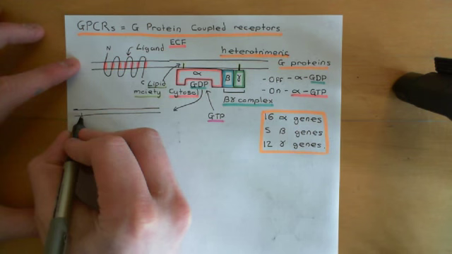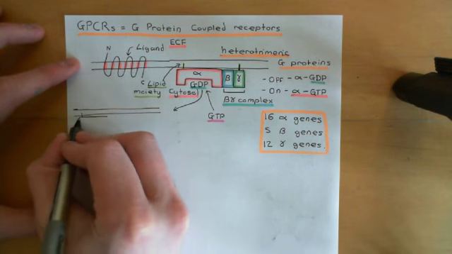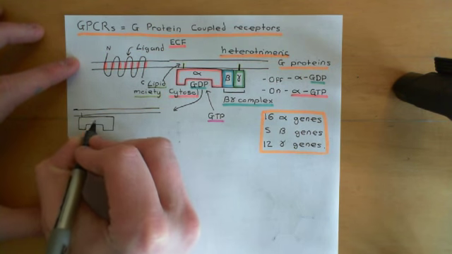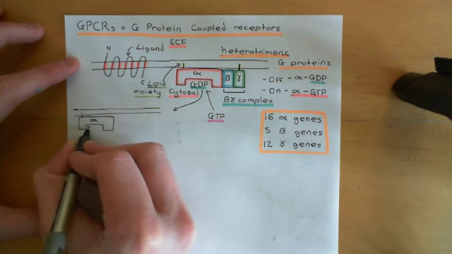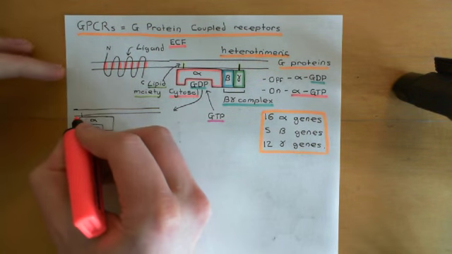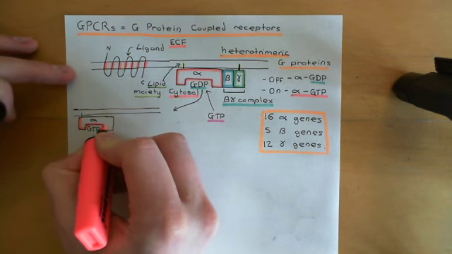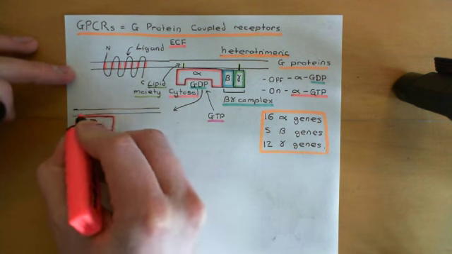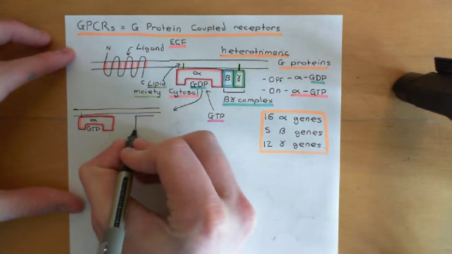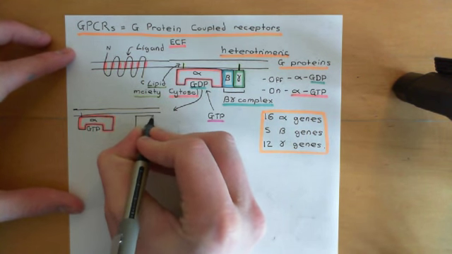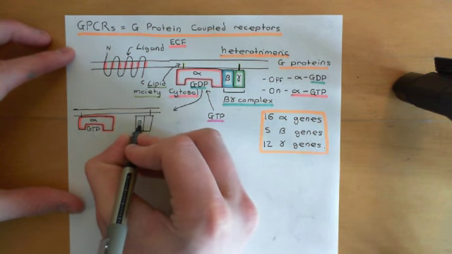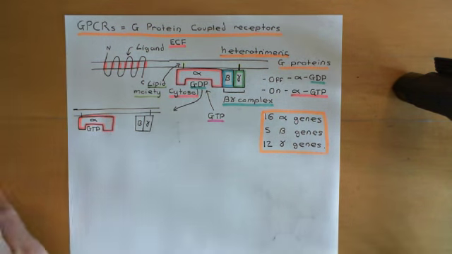So the overall thing that you end up with is like this. Here is the cell membrane, and here is our alpha subunit of the heterotrimeric G protein, with GTP bound, and I'll colour this in red. Then you also have the beta-gamma complex, which will go off also. So they'll be separated now, but both of them will still be attached to the underside of the phospholipid bilayer because they both have lipid moieties attached.